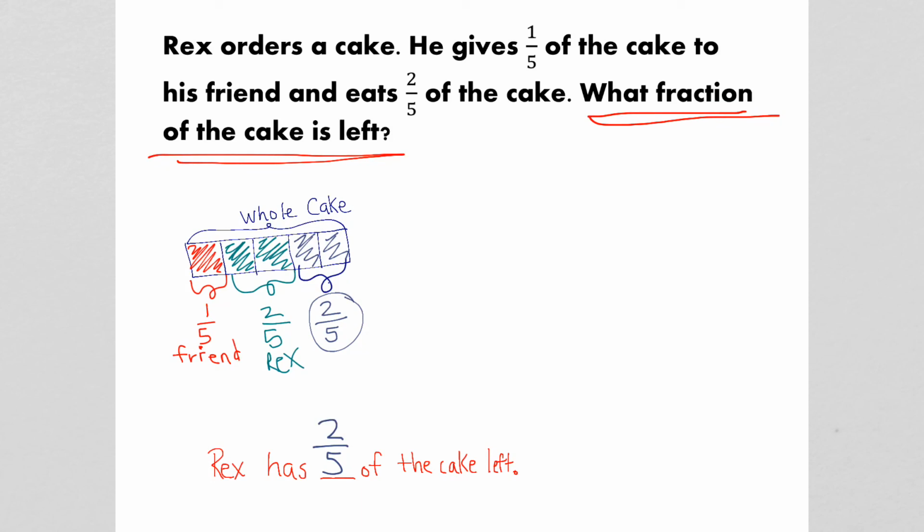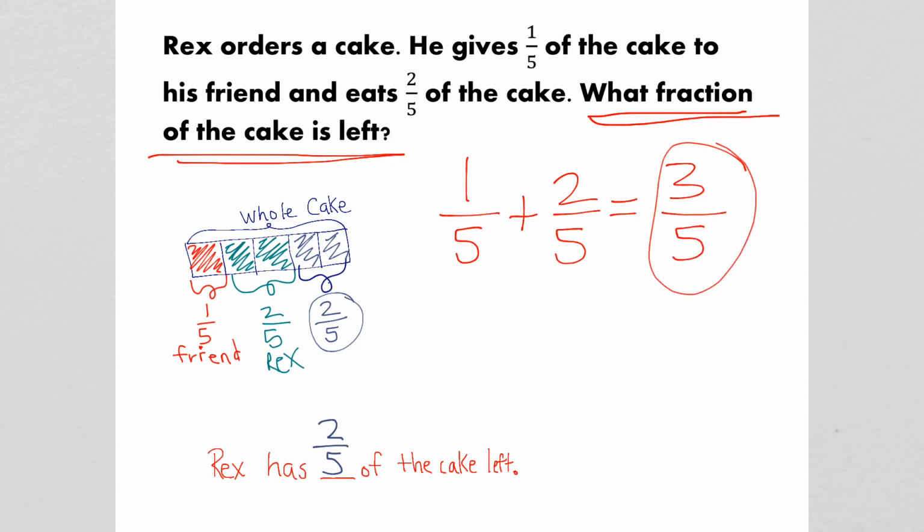Many friends might have started by adding the 2 known parts together. So 1 of the 5 pieces plus 2 of the 5 pieces would mean 3 of the 5 pieces were eaten by Rex and his friend.